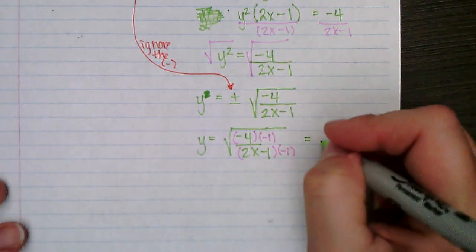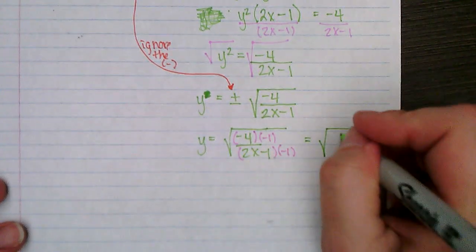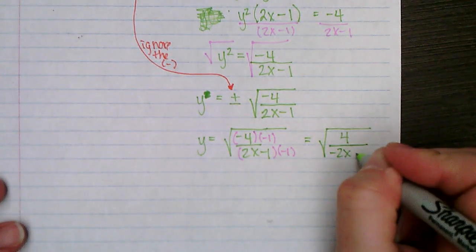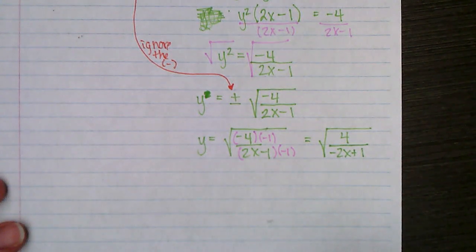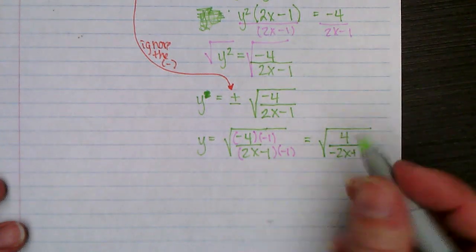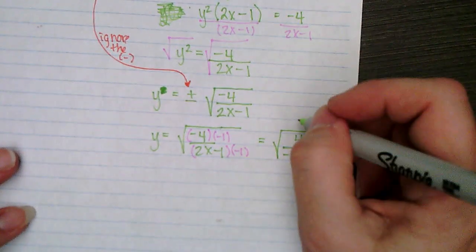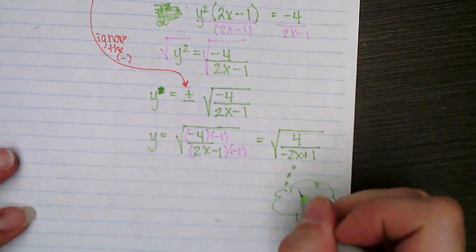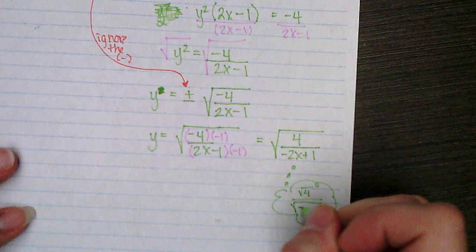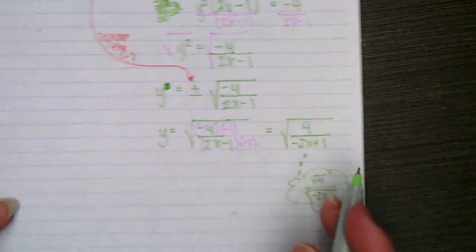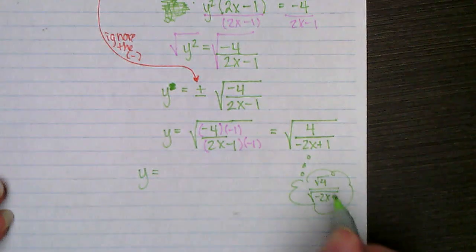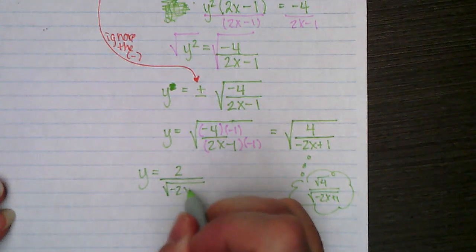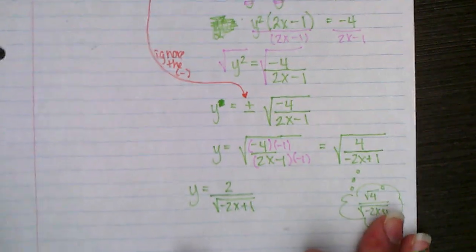Now the numerator is positive 4, which makes me feel more comfortable, and the denominator is negative 2x plus 1. Remember, when we have radicals with a numerator and denominator, we can think of it like two separate radicals. So that's the square root of 4 over the square root of negative 2x plus 1. So I can simplify the 4. So now y is going to be 2 over the square root of negative 2x plus 1. Okay, that's going to be my final inverse function.